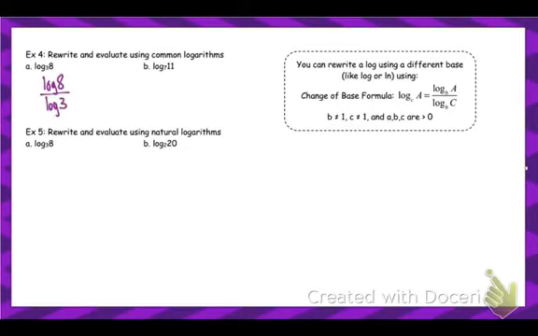And I can go ahead and evaluate that in a calculator if I want. But what's important to understand is that those are equivalent. One thing that is really helpful to know is that this is not the same thing as the log of 8 over 3. Remember, the log of 8 over 3 is log 8 minus log 3.